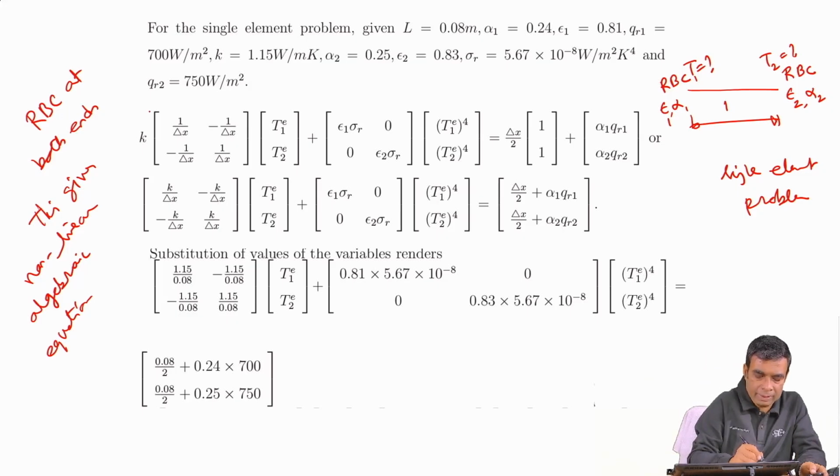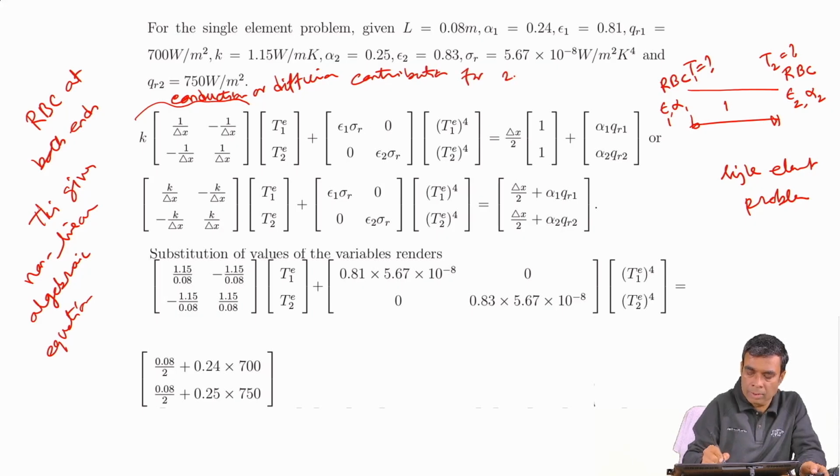In the first case, the matrix which we are getting, that is coming from the conduction or diffusion contribution for two noded bar element. This is the radiation contribution.